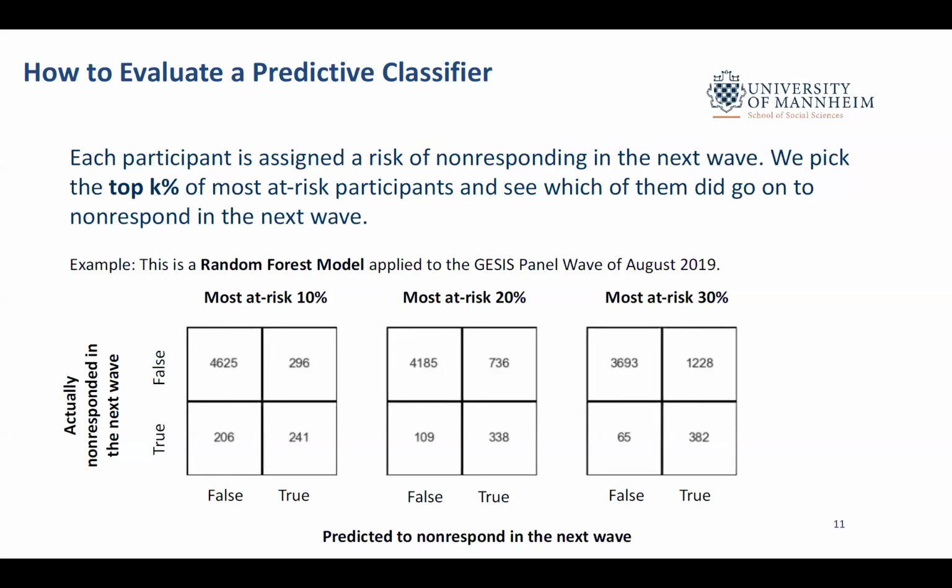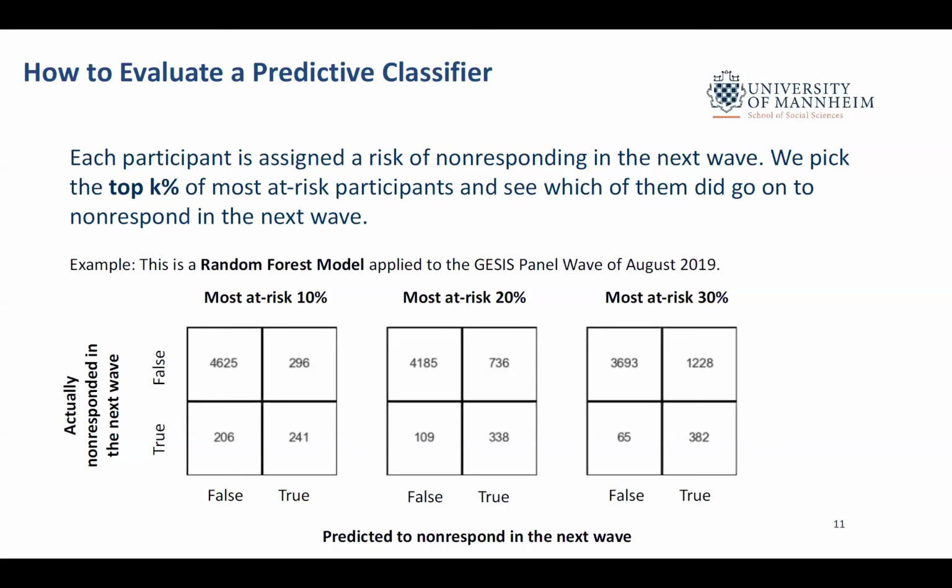So those are the successful cases, the ones where we guessed they wouldn't respond in the next wave, and they would not have unless we jump in and do something. Next to that, we've got a number, 206. These are the people who we guessed would respond, but then they didn't. Those are our false negatives. These are the people that we missed out on, and ideally our model would have caught them.